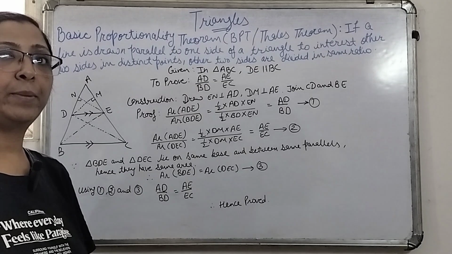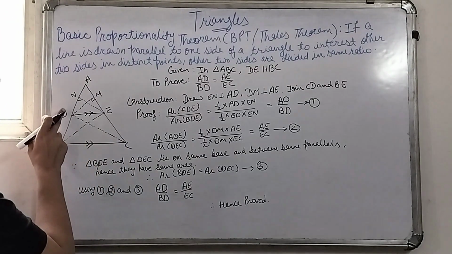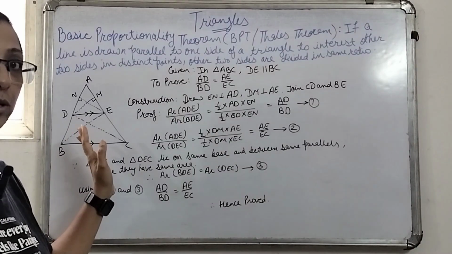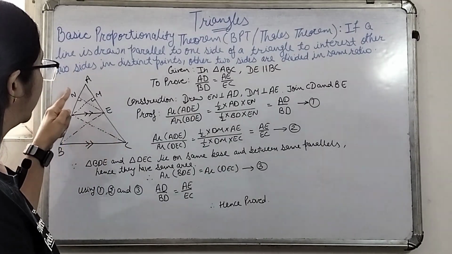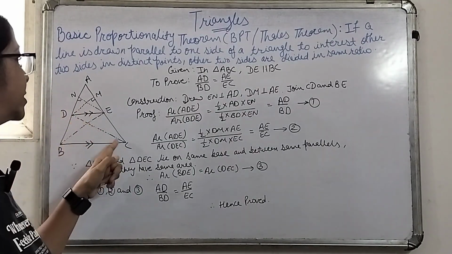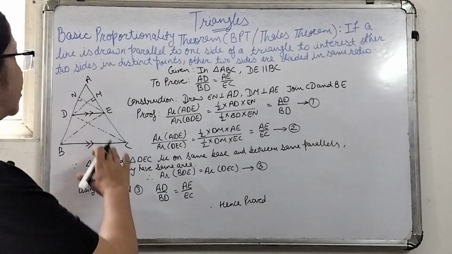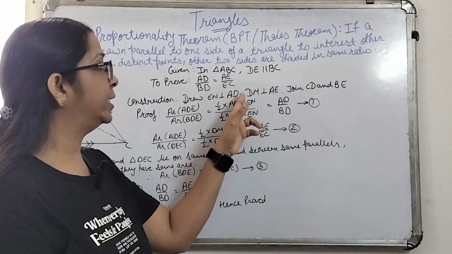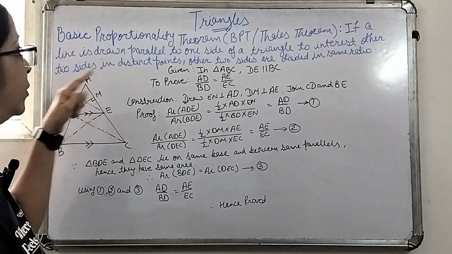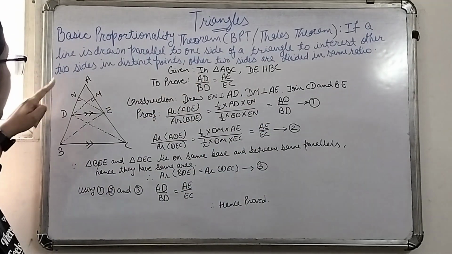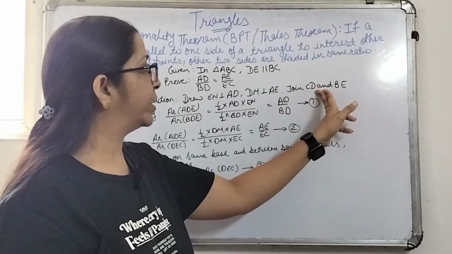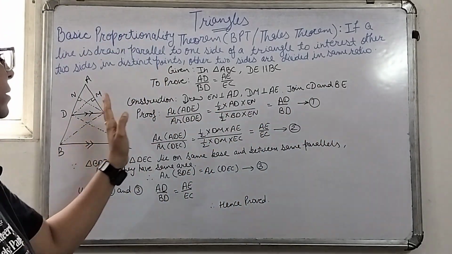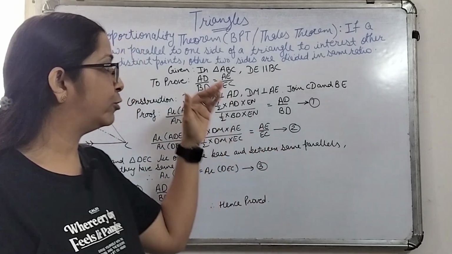Along with that, we will be joining DC and BE. Whatever construction we do is always done with dotted lines. Now how to prove it?